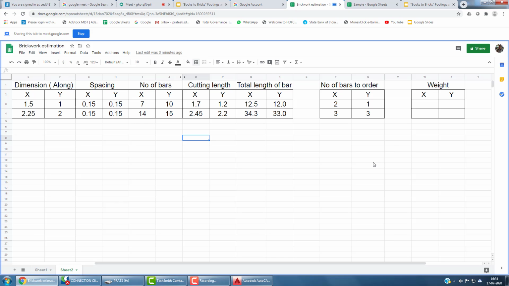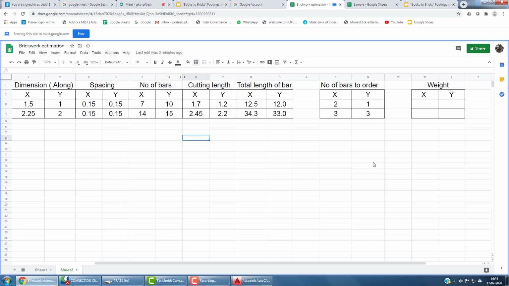So now tell me how to calculate weight. What is the equation you use or you learned for calculating kg per meter? What is that weight per meter length? Yes guys, I hope you have learned. Yes, I think it is right.